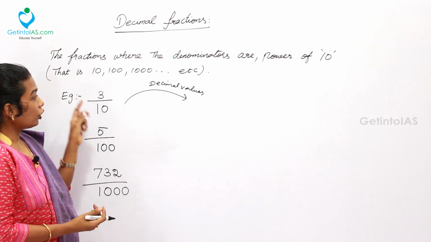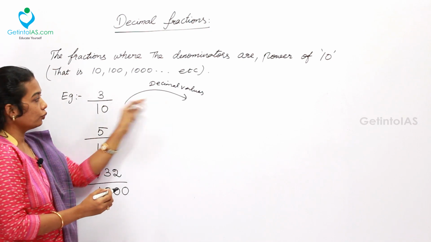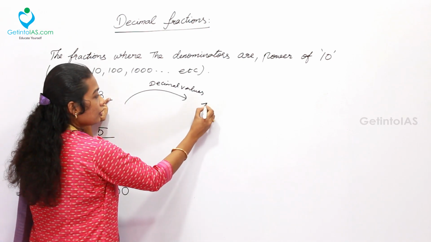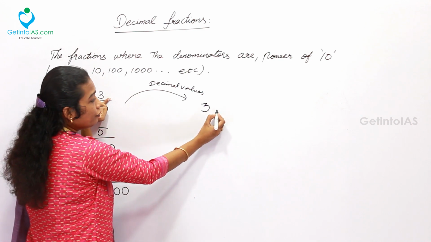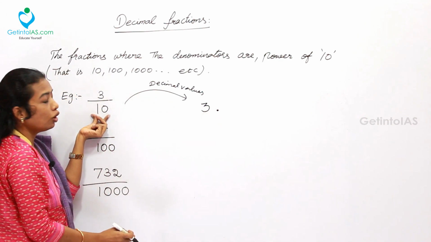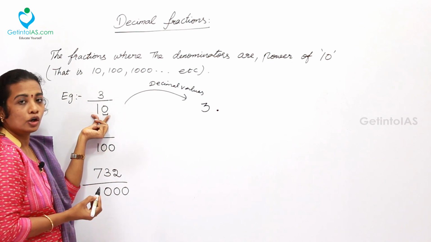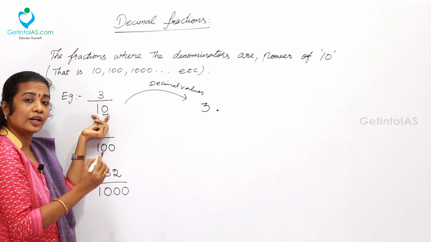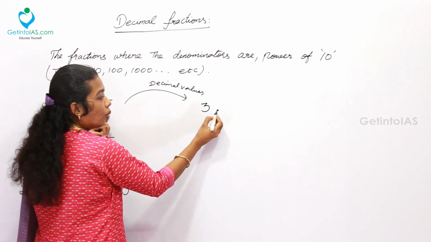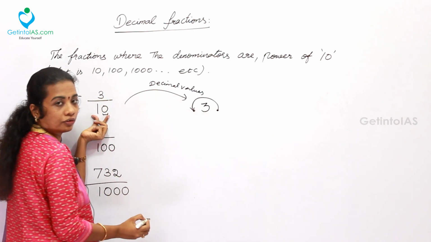The next thing, now we are going to convert this 3 by 10 in terms of decimal value. Look at the number 3. Always the decimal point will be at the end of any number. So for 3 divided by 10, how many zeros are in the denominator, or what is the power of 10? That is 1. So 1 digit has to be moved to the left of 3.